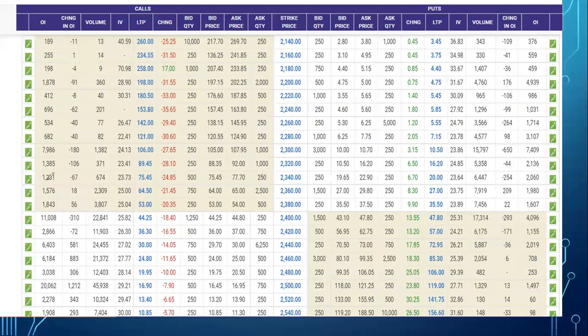What do I mean by that? That 1281 lakh people have sold a call option. And at the similar strike price, about 2060 people have sold put option.